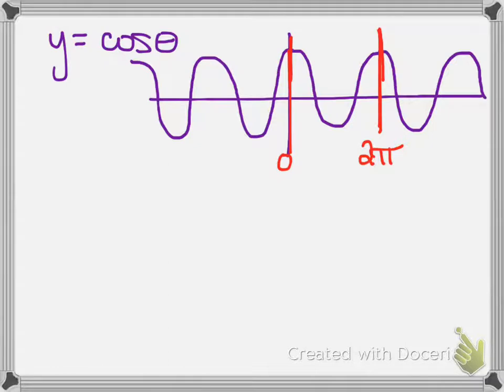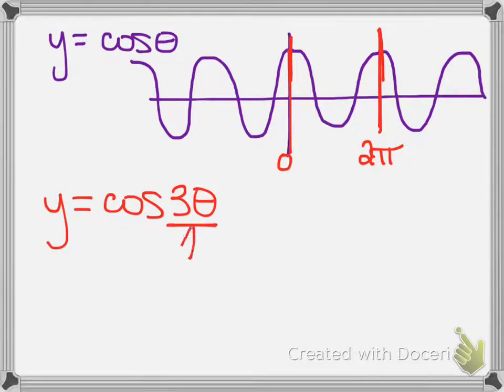And then I asked them, I said, ignore the fact that it's trig. So I literally just put my finger over the cosine, and I just kind of tried to make it invisible. I said, if I put a 3 inside of any function with the variable, with x, in this case with theta, what kind of transformation is it going to do to the graph? And fortunately, most of them did remember. It's a horizontal compression by 1/3.